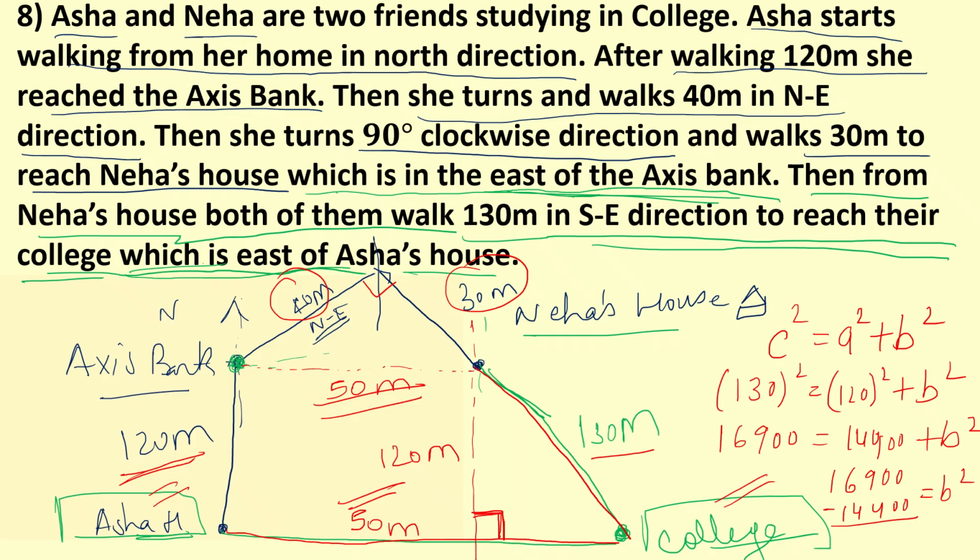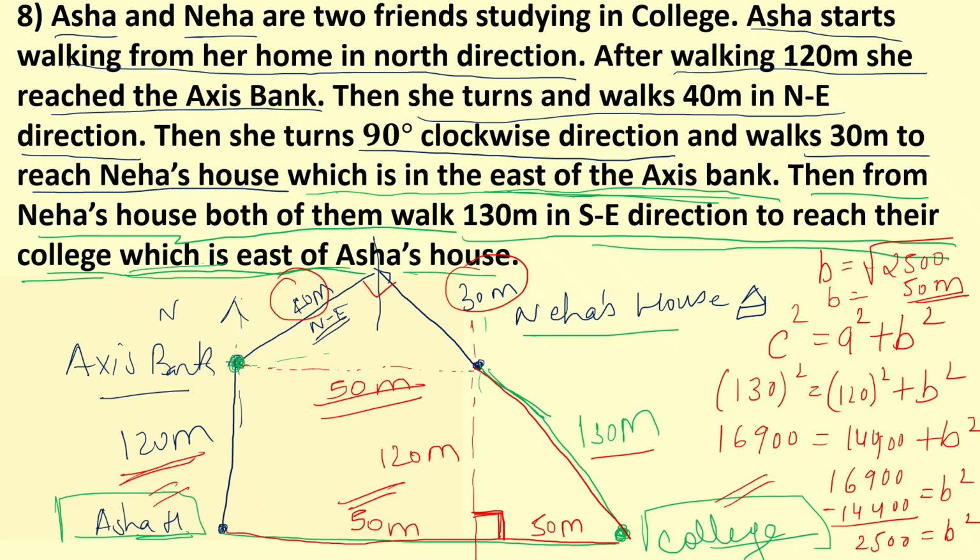You will get 2500, that is B square. So B will be root of 2500. So B will be 50 meter. So the other side we got as 50 meter.